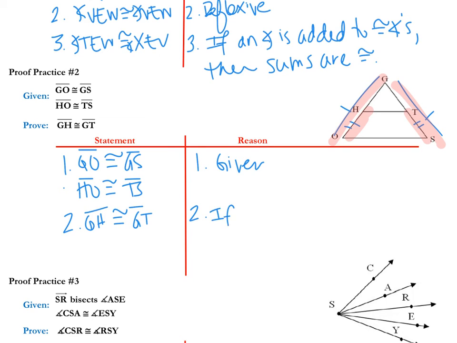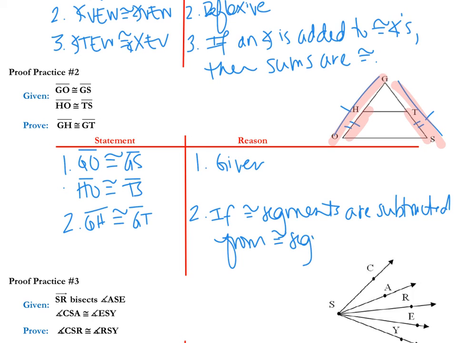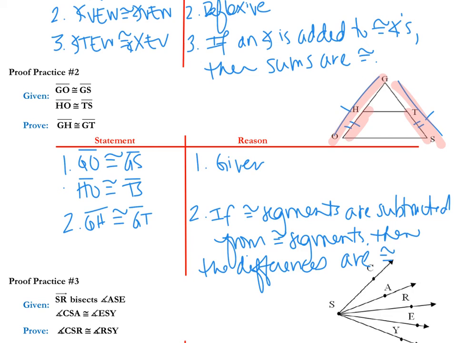So if congruent segments are subtracted from congruent segments, then the differences are congruent. Where in the previous proof, we took two angles and added them together and the sums were congruent. Here we subtracted them, the differences, excuse me, were congruent.